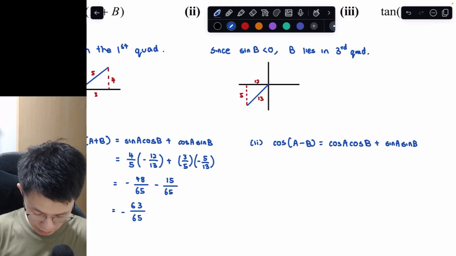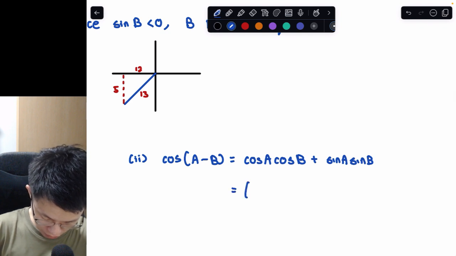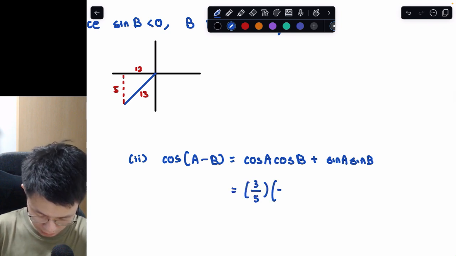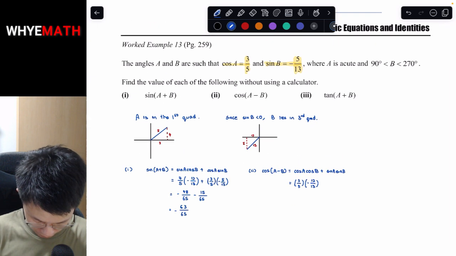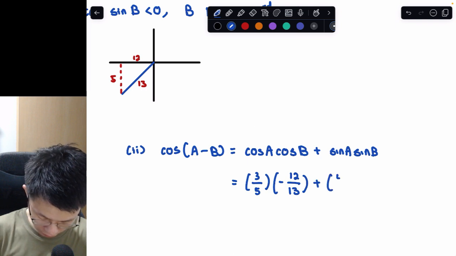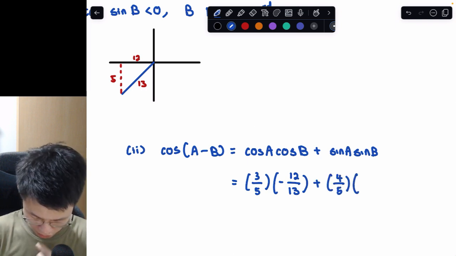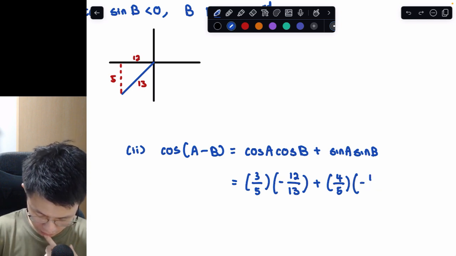So from here we just sub in again. It's not an issue now. This is 3 over 5, cosine B is negative 12 over 13, am I right? Yeah, 12 over 13, yes. Plus sine A, which is 4 over 5, and your sine B is negative, sorry, negative 5 over 13.